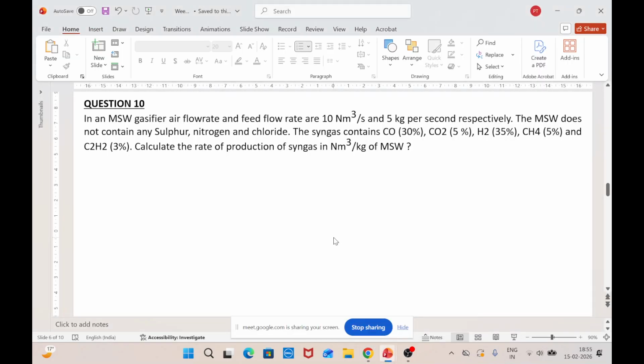How to solve this problem, or what formula to use?